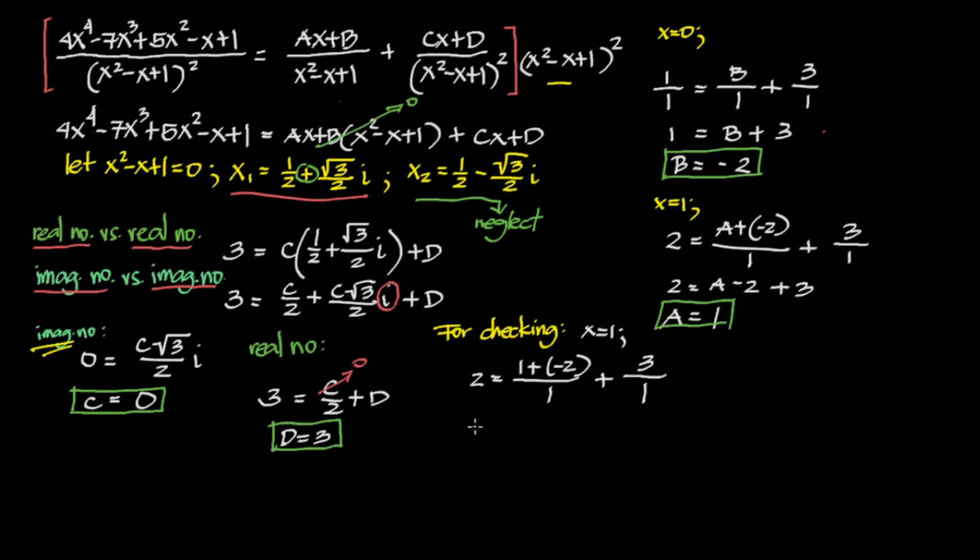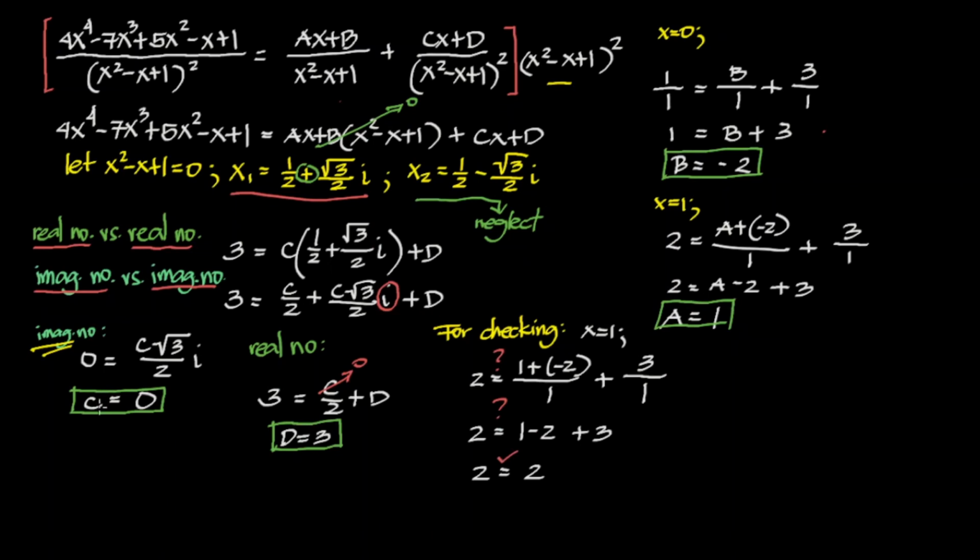Ayan, so hopefully 2 yung sagot dito. So we have 1 minus 2 plus 3, so we have 2 is equal to 1 minus 2, that's negative 1, plus 3. Okay, so that's positive 2. Therefore ang sagot is tama.